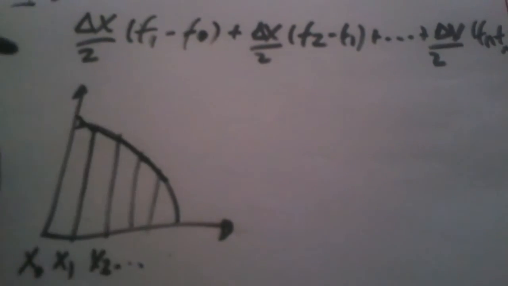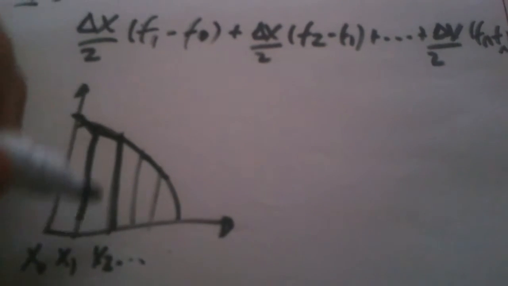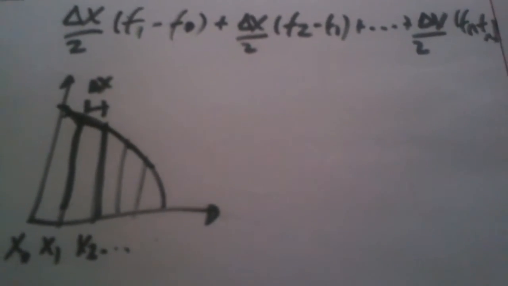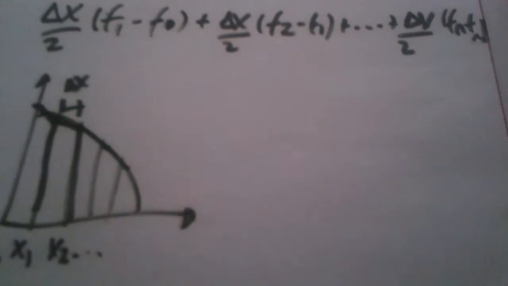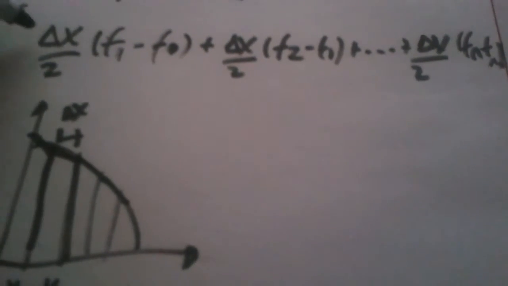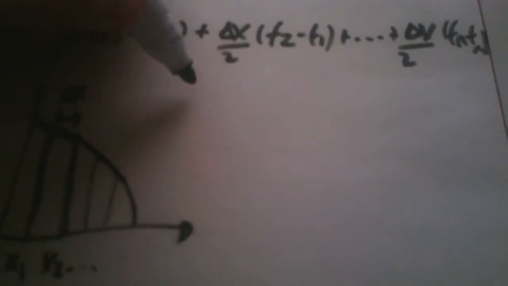And now our trapezoids, right? And this is delta x. So if we factorize this sum, we can have the following form.